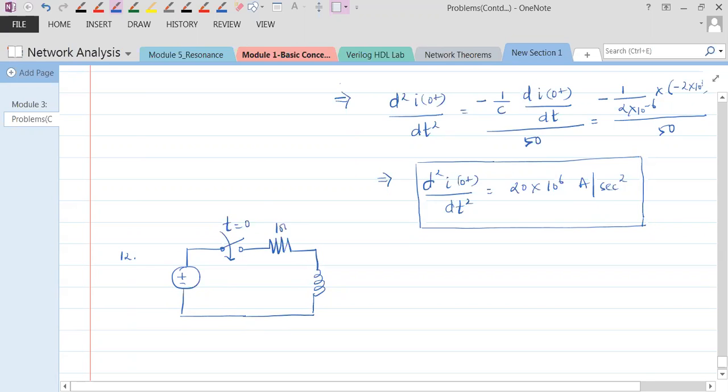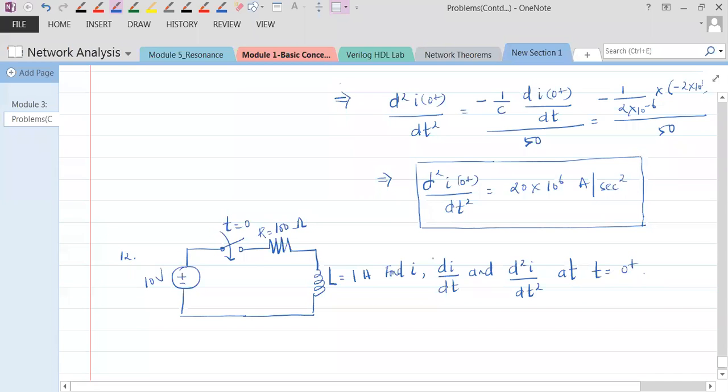R is 100 ohms, L is 1 Henry, and you have applied 10 volts. The same thing is asked: find I, di by dt and d square I by dt square at t equal to 0 plus.